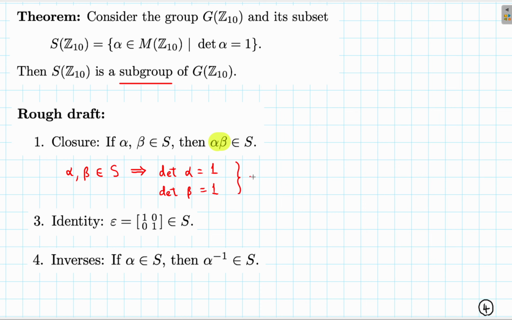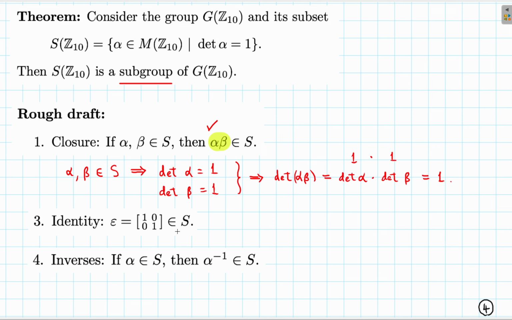Well, we can use the fact that they each have determinant 1, and we can compute that the determinant of alpha times beta is equal to determinant of alpha times determinant of beta, and that's 1 times 1, and therefore that's equal to 1, and thus we conclude that alpha times beta is in S because we just showed that its determinant is 1.